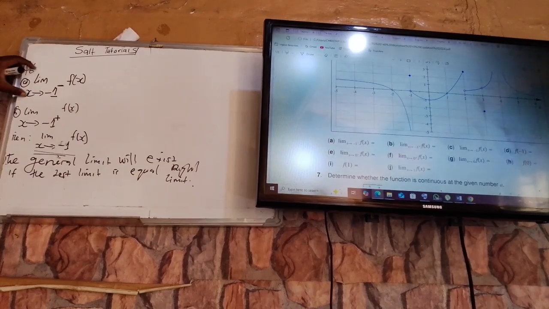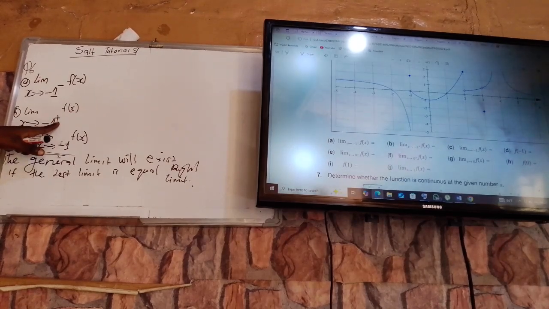This is the left limit because it has a negative on top. This is the right limit because it has a positive on top. And this is the general limit. It doesn't have anything on top.